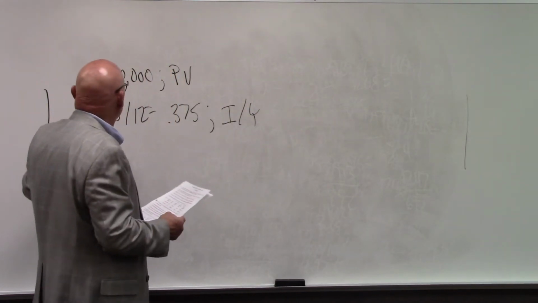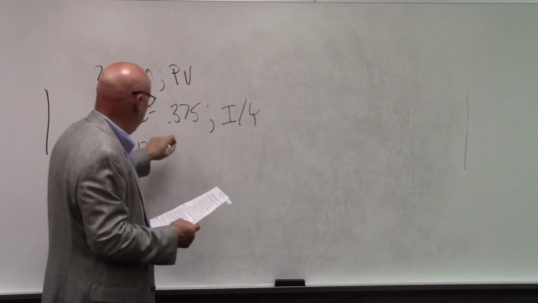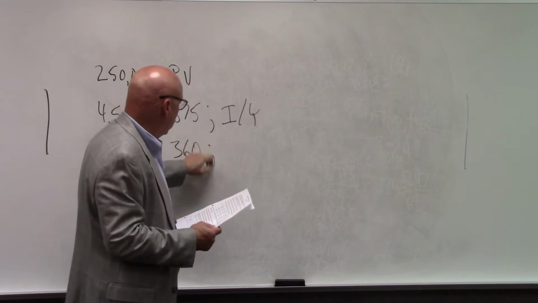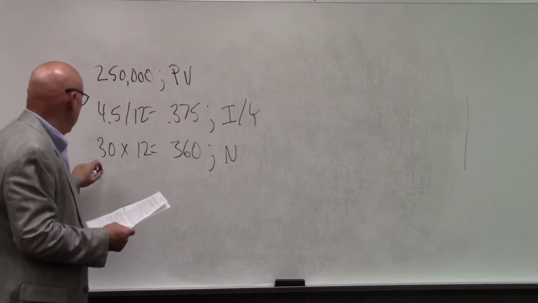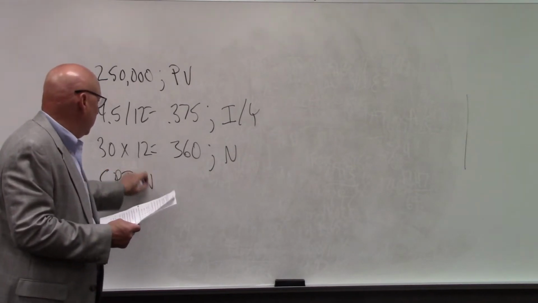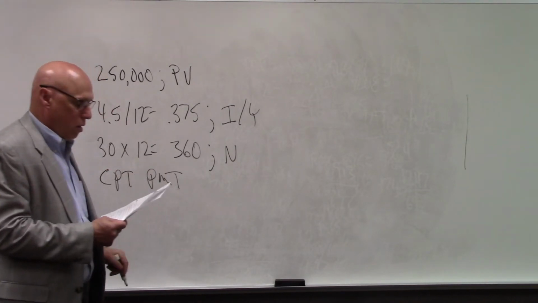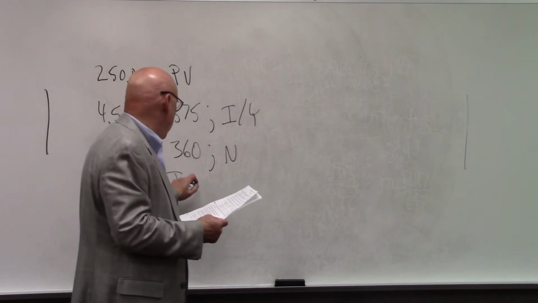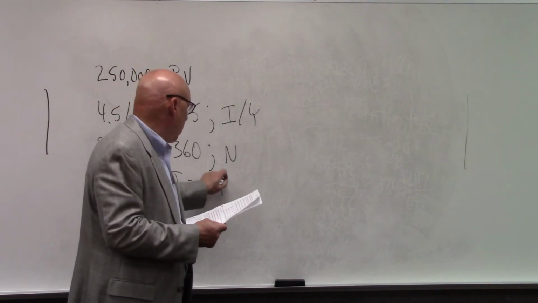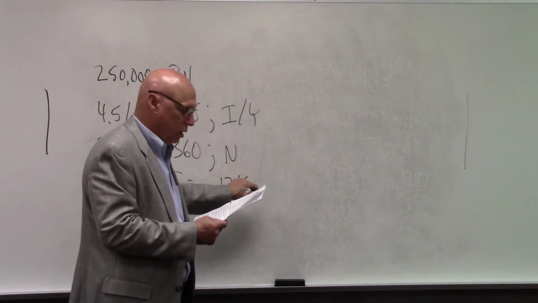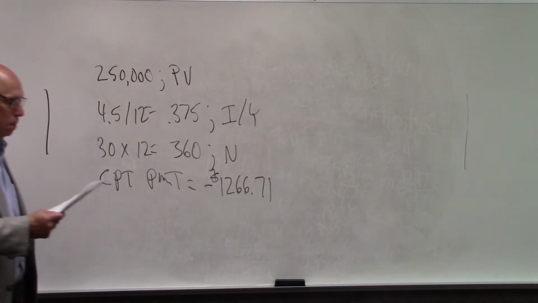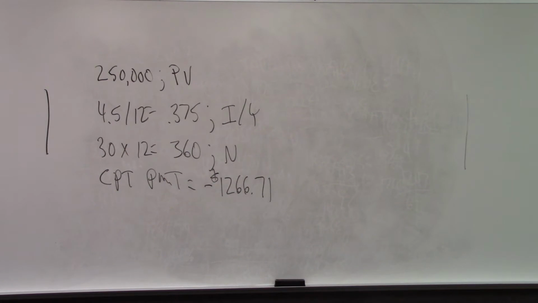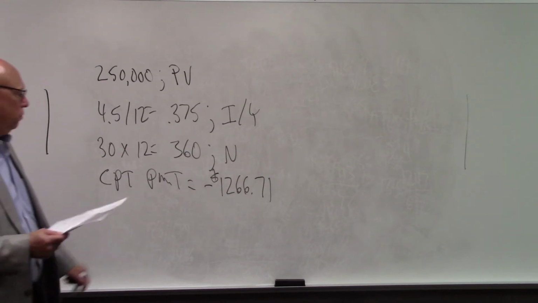And 30 years times 12 payments per year, 360, is your N. Compute payment. And you get minus $1,266.71. That's how much you have to pay to the bank. Okay? A month. There's your monthly payment.